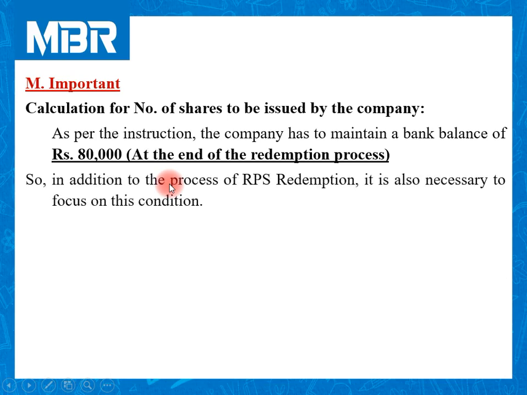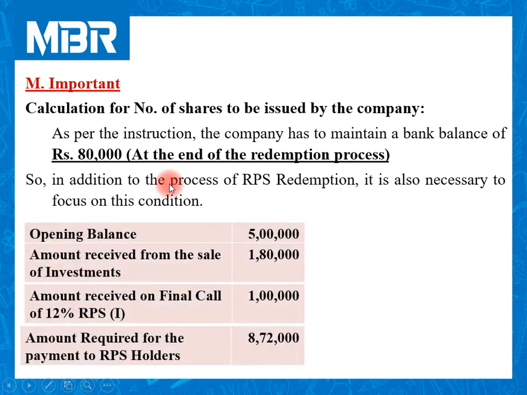So let us prepare a summary of receipts and payments. The opening balance is given on the asset side of the balance sheet. We have received rupees 1,80,000 by selling our investment.